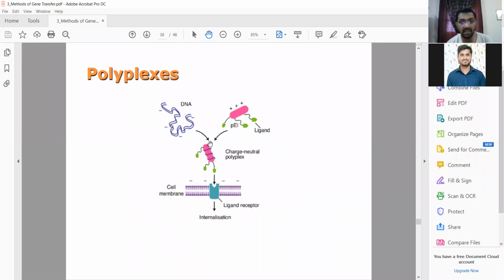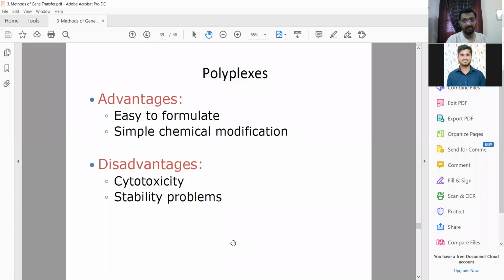The DNA complexes with it to create a neutrally charged polyplex with a ligand, and this ligand would attach to a specific receptor on the cell membrane, and then this polyplex would be internalized and the DNA would be transferred to the cell. Advantages of polyplexes are that they are easy to formulate and have simple chemical modifications, while the disadvantages are cytotoxicity and stability problems, as the life of these polyplexes is not long.